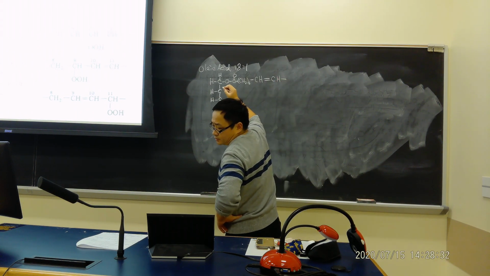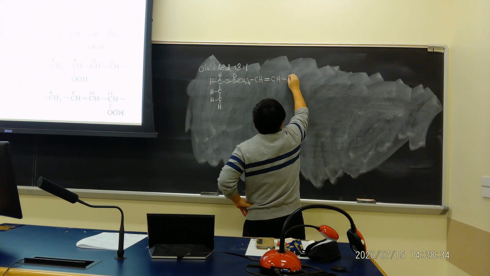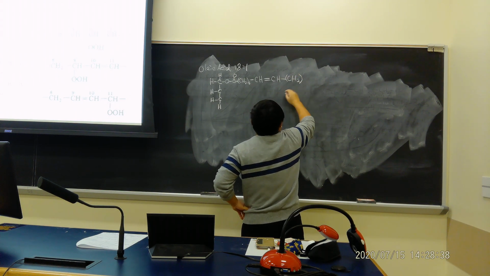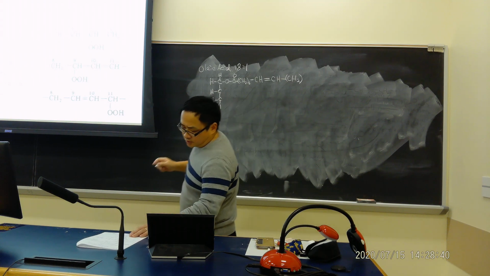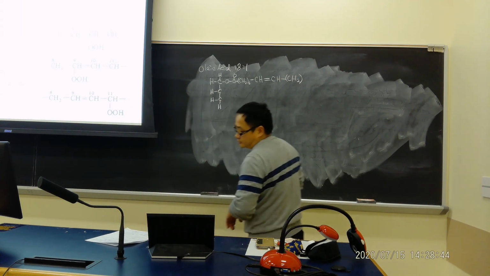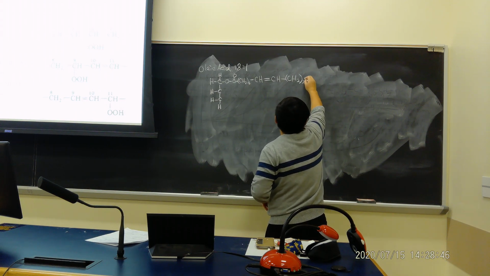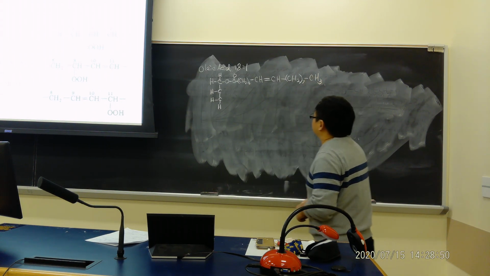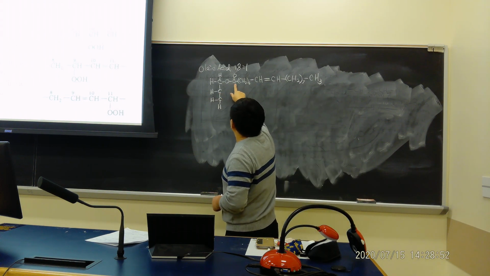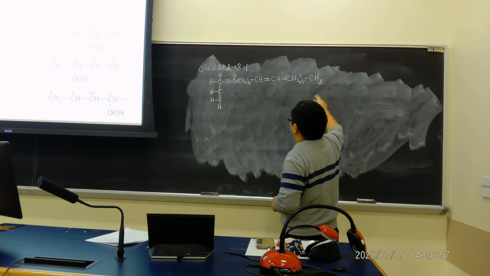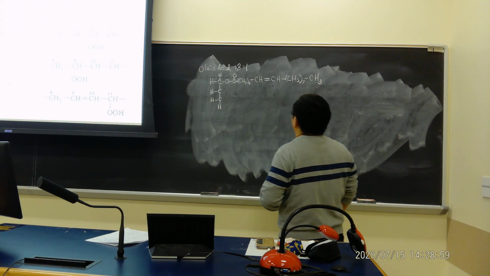Then 7, and there goes CH3. Okay, this is one double bond. Let's count. 1, 2, 8, 9, 10. Add 8, so that's 18. Okay, right there.